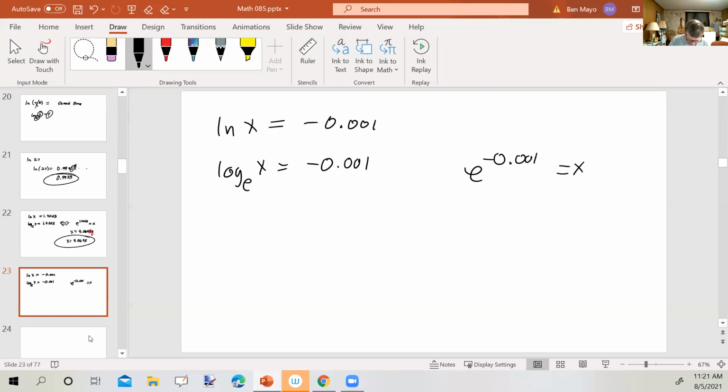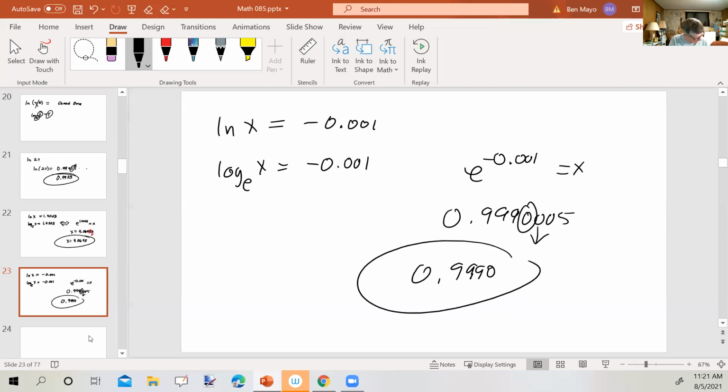So on my calculator, e to the negative 0.001 power, and I get 0.9990005. So rounding to 4 places, the 0 would round down. Okay, and you get that. Now, why wouldn't this be a correct answer? Because it said to take it out 4 places. So we need to put that, even though it's a 0, right? Placeholder value.